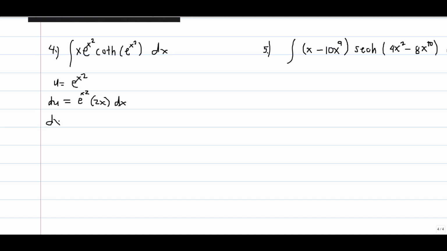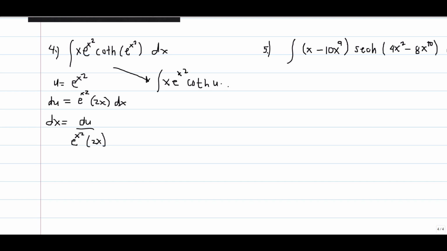So dx is equal to du over e to the power x squared times 2x. Then we can now substitute or change the given problem. Then we have the integral of x e to the power x squared cosh u.